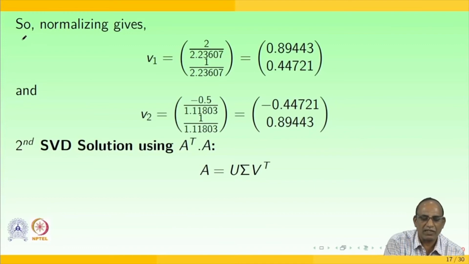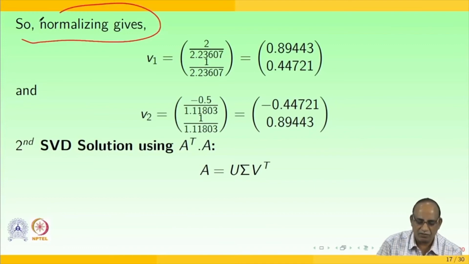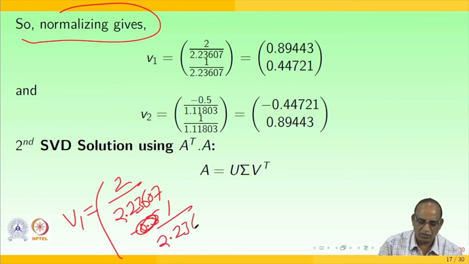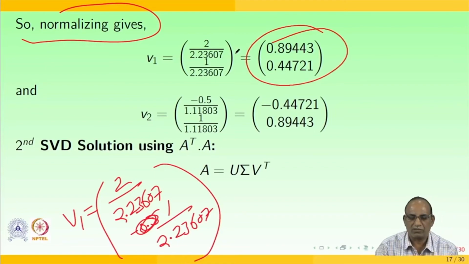So normalizing the vector, it will give you v1 is equal to 2 upon 2.23607, 1 upon 2.23607. So you get this matrix.